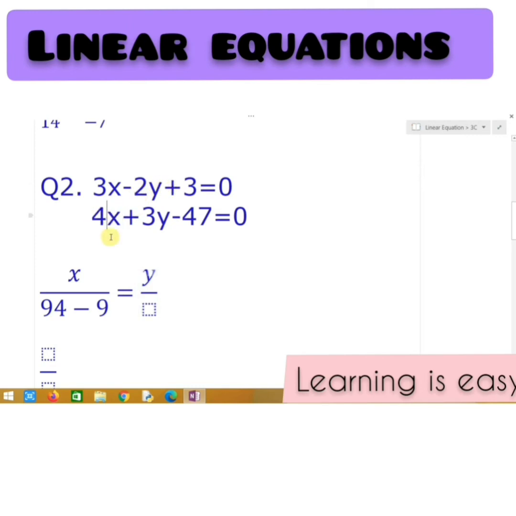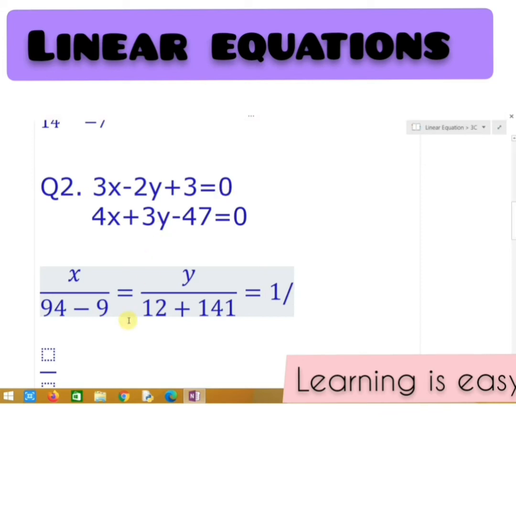So that is going to be 12, 3 fours are 12, 3 into 47 is minus of minus, so that becomes plus 141. Equal to, for the constant, we cross multiply the coefficients of x and y.